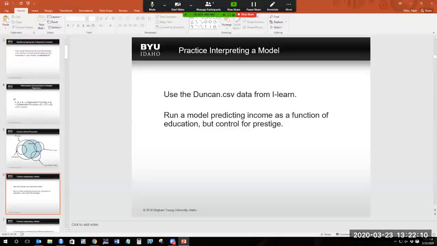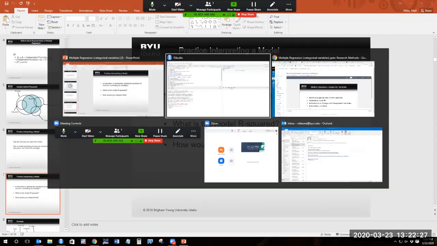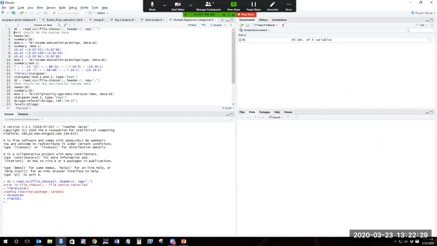So I'm supposed to run a model predicting income as a function of education controlling for prestige. If you don't remember how to do that, you should maybe just try and do it on your own. Maybe you want to pause and then see what I do. The way that I would do that is I would go mod.1 is a linear model predicting income by education and prestige.